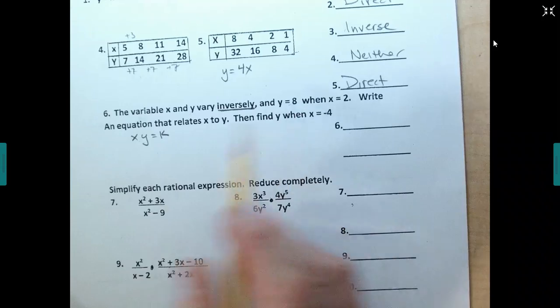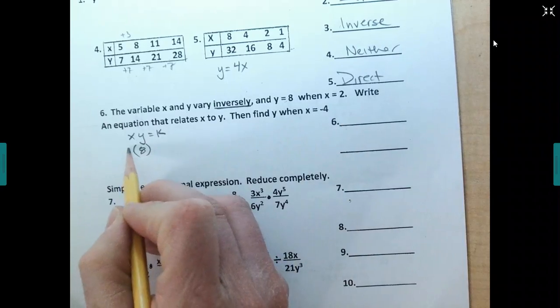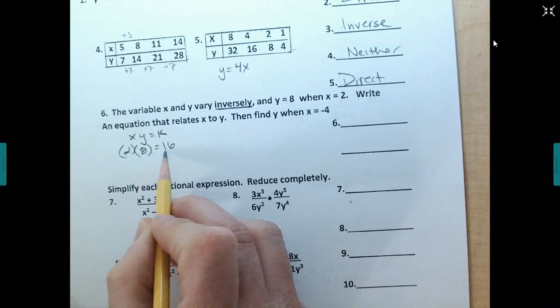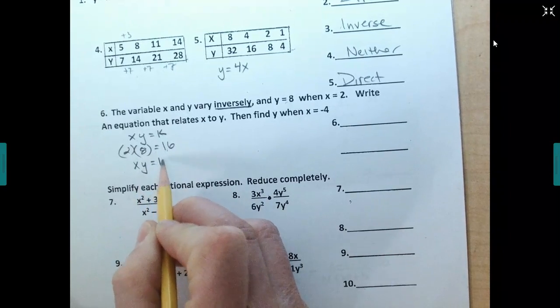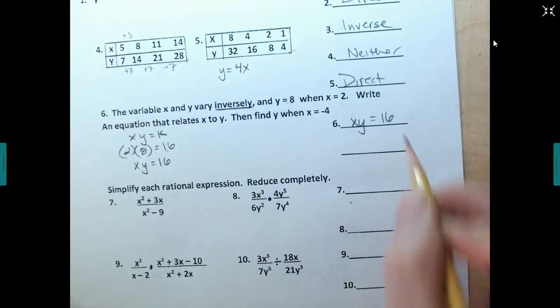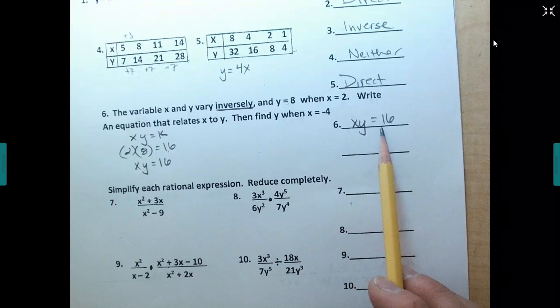Here we have our y value is 8. Our x value is 2. So we have 2 times 8 is 16. So our k value, x times y equals 16. xy equals 16. Write an equation that relates x and y. So there's our equation that relates x and y.